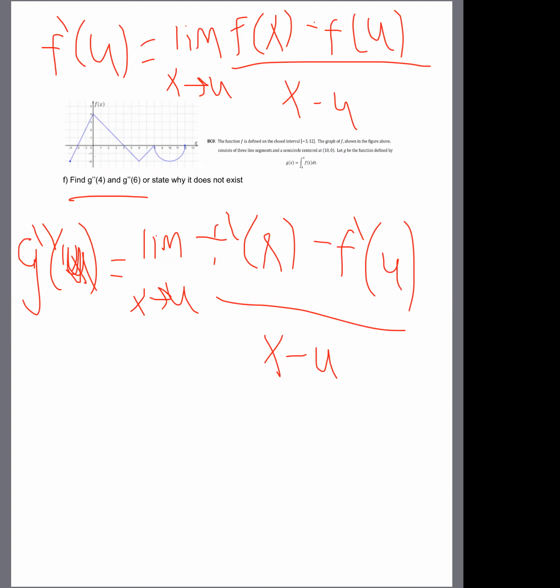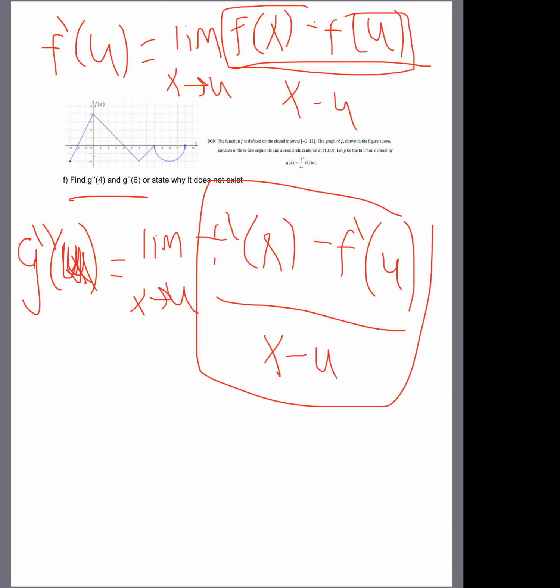Because really, you have to go to what's under it. So the second derivative would just be this, and I feel that's the best way to show the double prime of 6. Does that make sense?